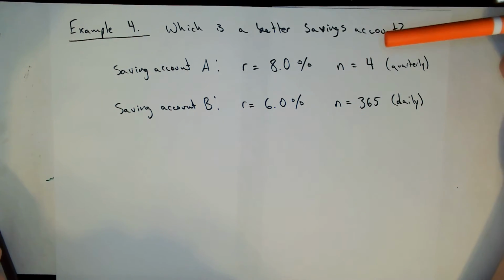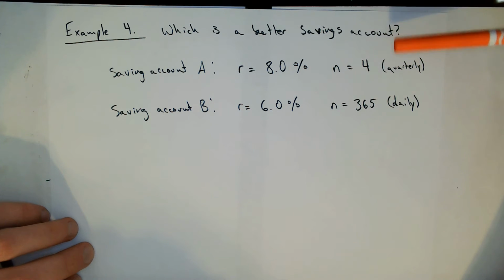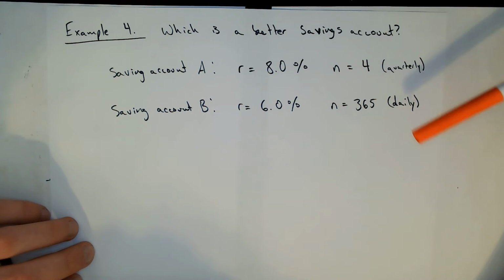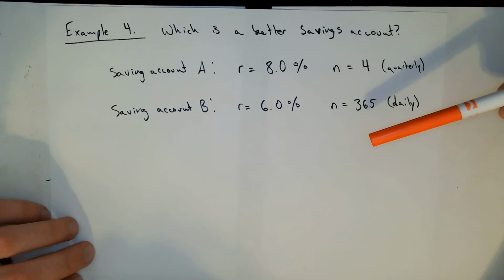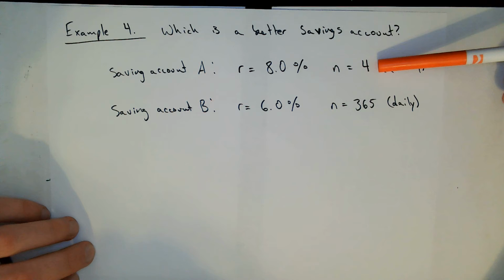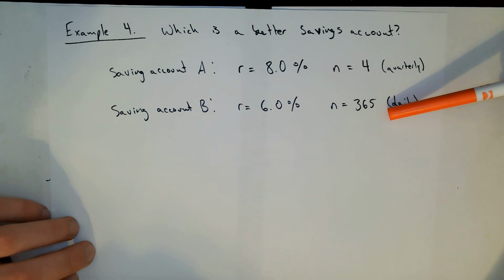But see, the thing is, it kind of does depend on how long you can save the money, because this one might be better on a long term or short term versus this one might be better on the short or long term.